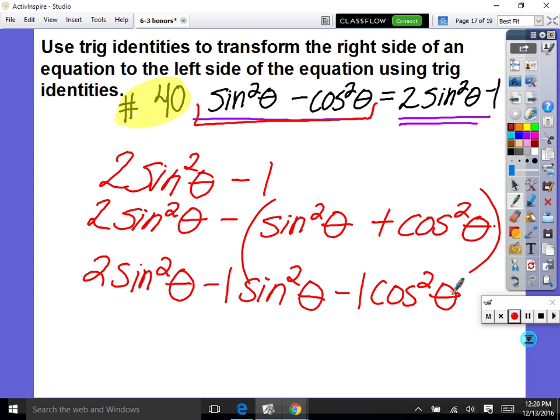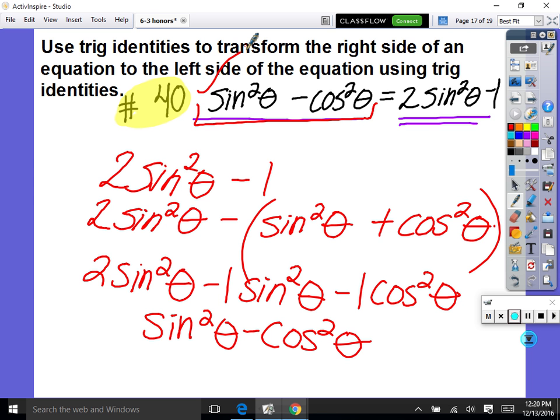So 2 sine squared theta minus 1 sine squared theta is how many sine squared thetas? So we have 1 sine squared theta, and then minus cosine squared theta, and now we have arrived at this side. Very good. Awesome, you guys are great.